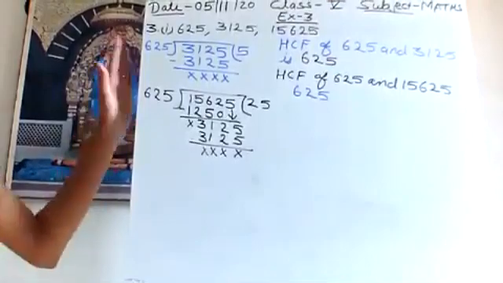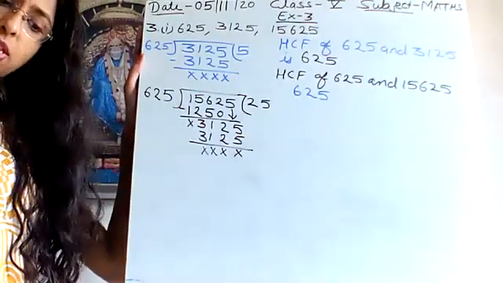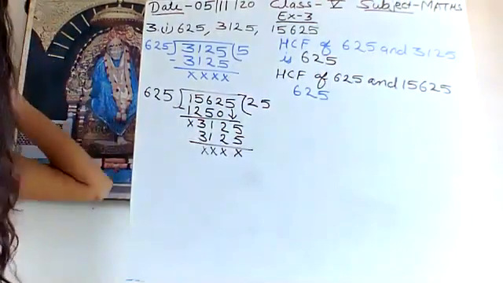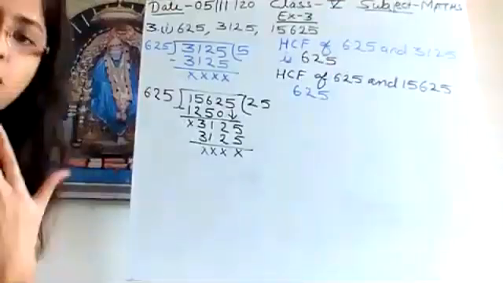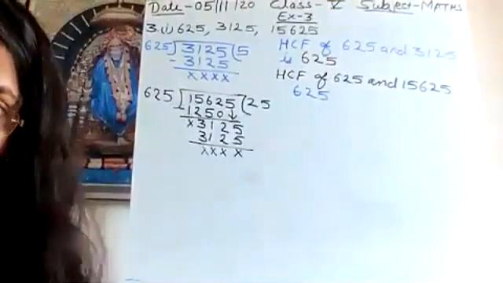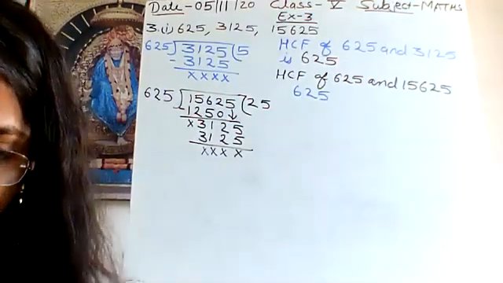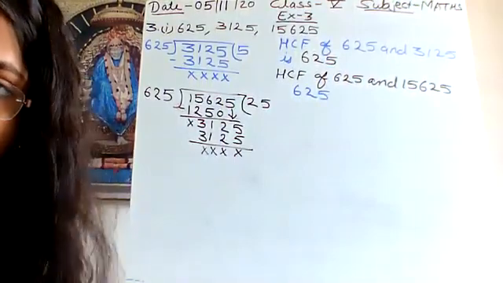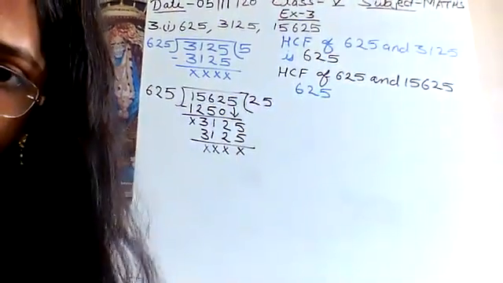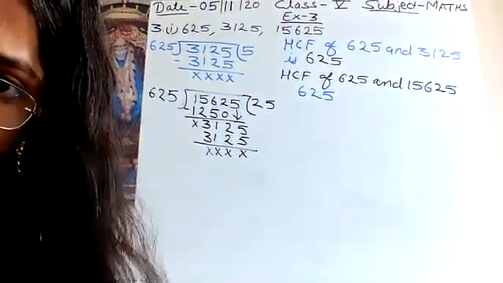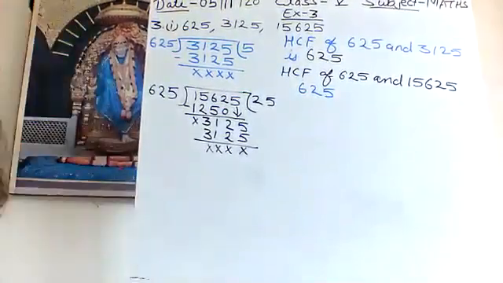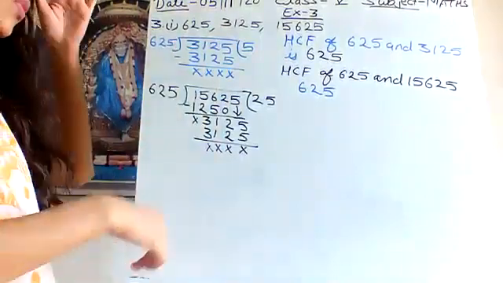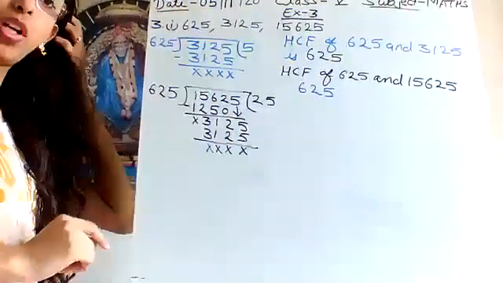So this is question number 3 of exercise 3. The question is find the HCF of the given numbers by long division method. Using long division method, you have to find the HCF of the given numbers. So the numbers are 625, 3125 and 15,625.